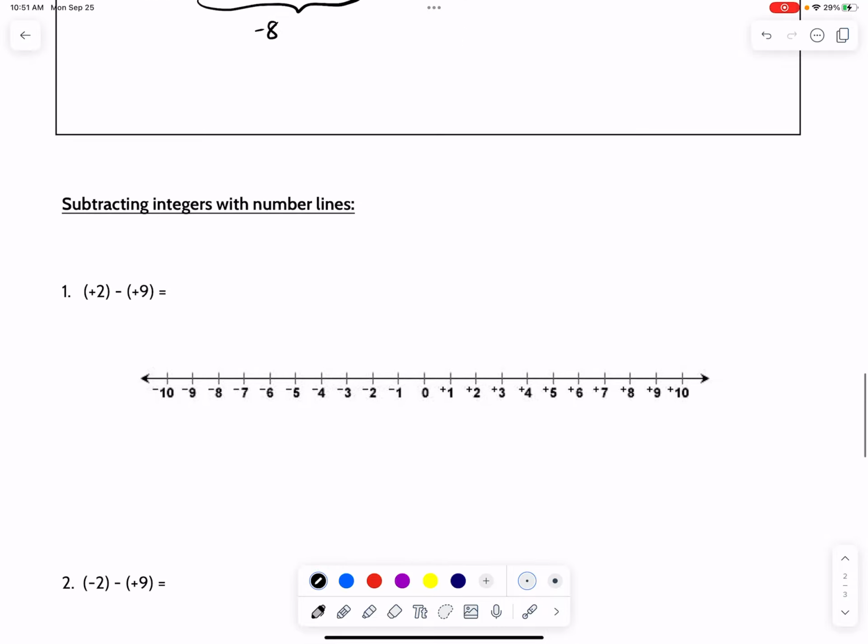Make sure that you've watched part 1 first, subtracting with tiles. We're moving on to part 2, subtracting integers with number lines. Now in this case, you may switch the signs. And you actually have to as part of your work, meaning you have to rewrite the equivalent integer equation. Why do you switch the signs?